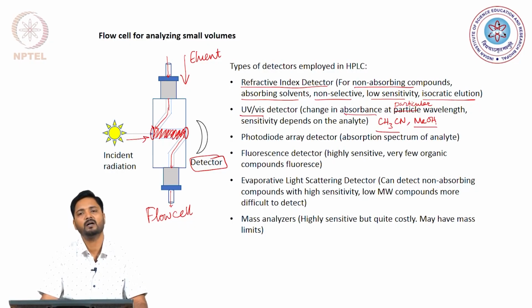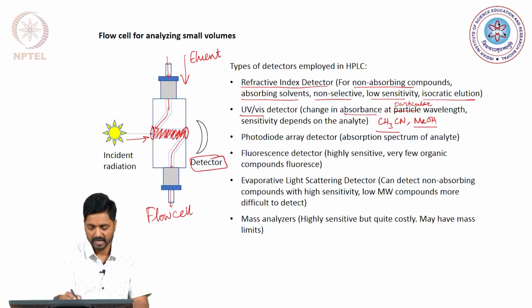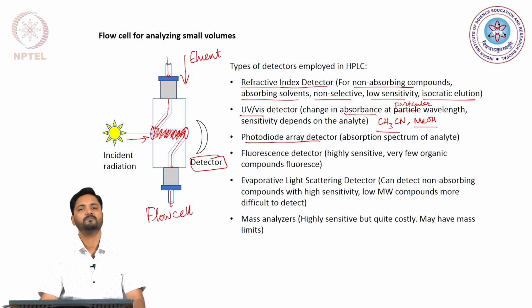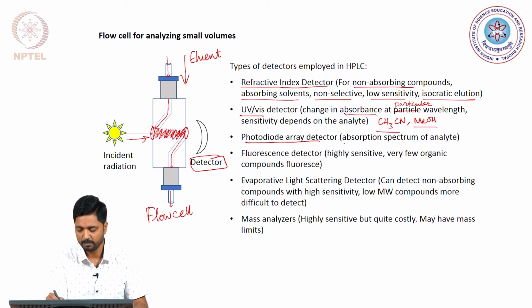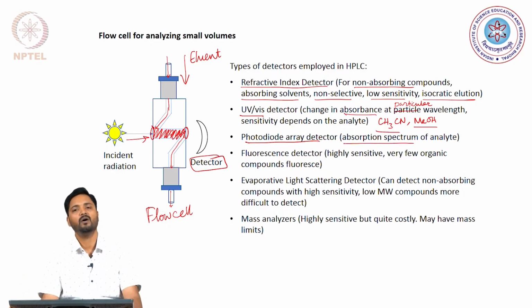Finally, a revised version of or an improved version of the UV or visible detector is the photodiode array detector, where an array of photodiodes is arranged so that we can create the complete absorption profile of the analyte that is eluting out of the chromatography column.